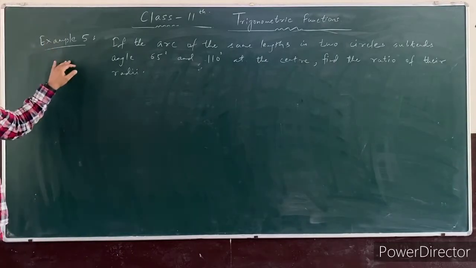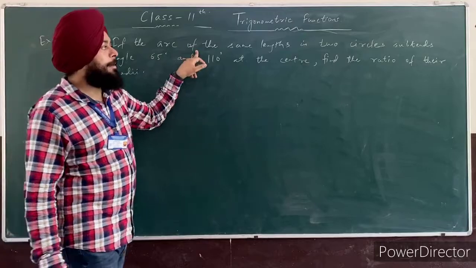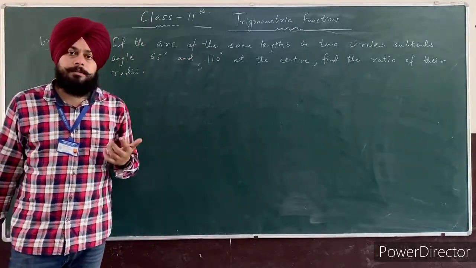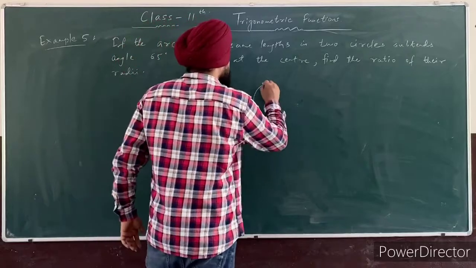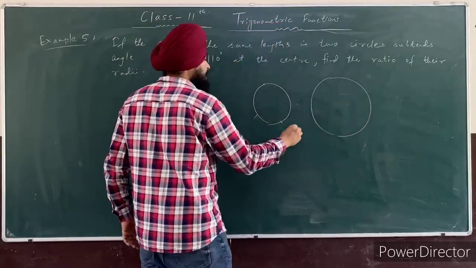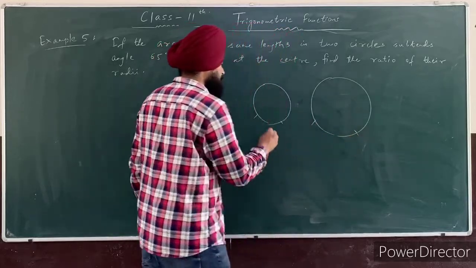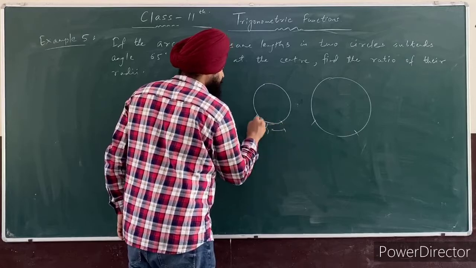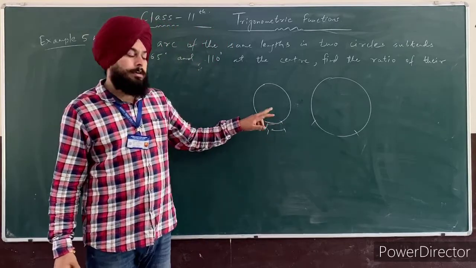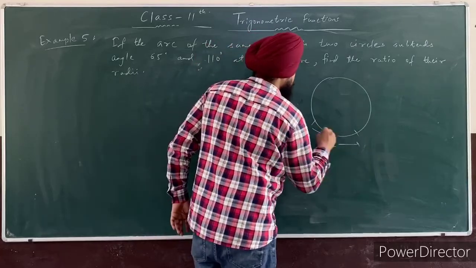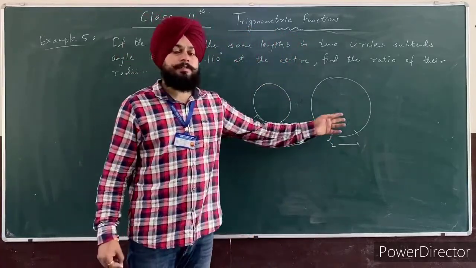Next, example 5. If the arc is of the same length in two circles, it means there are two circles but the length of the arc is the same. Take L1 as the length of the arc of the first circle and L2 as the length of the arc of the second circle.